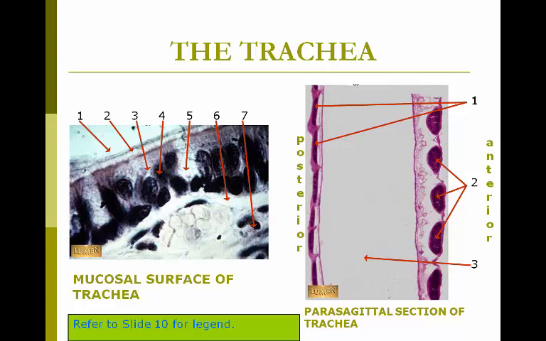Now, if you look below that row of cells labeled 3, 4, and 5, the little border below them is labeled number 6. This is something called the basement membrane, and it's just a non-living connective tissue type structure that underlies all epithelial cells.